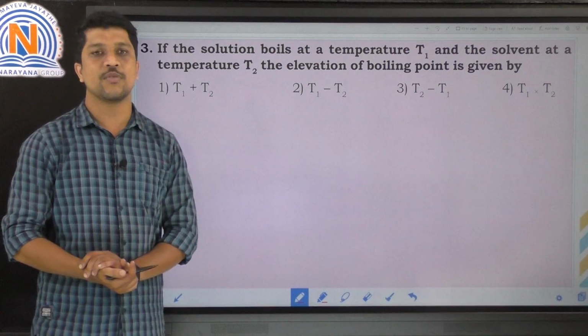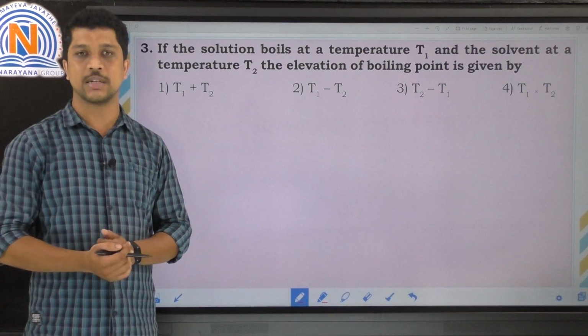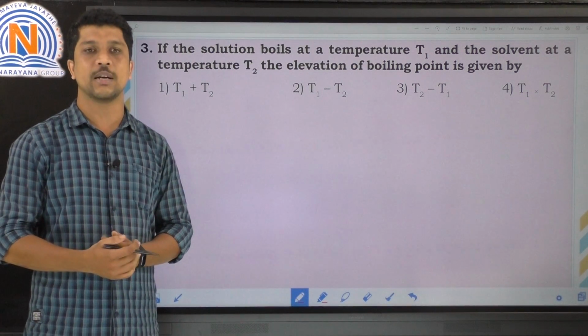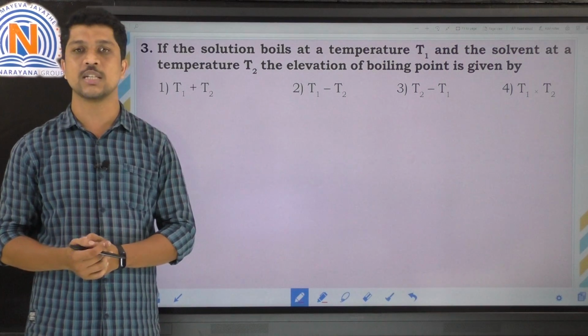Here is the third question. If the solution boils at temperature T1 and the solvent at temperature T2, the elevation of boiling point is given by.